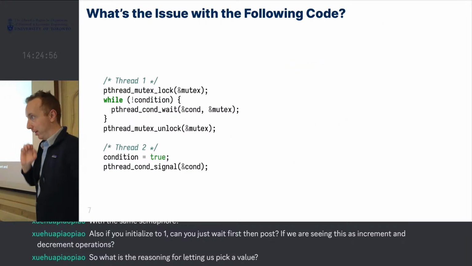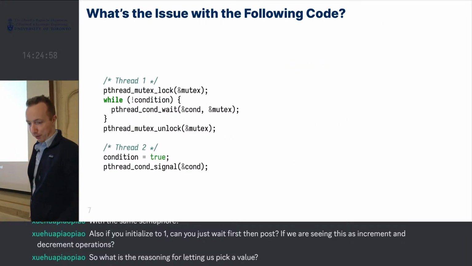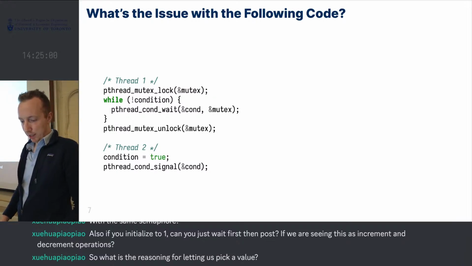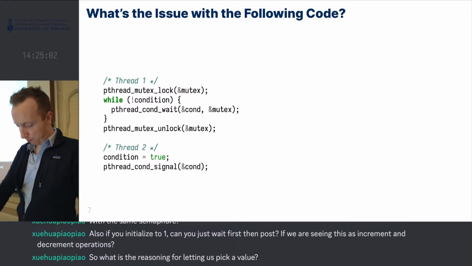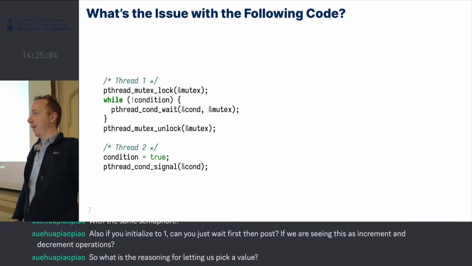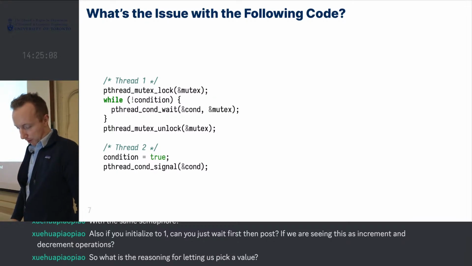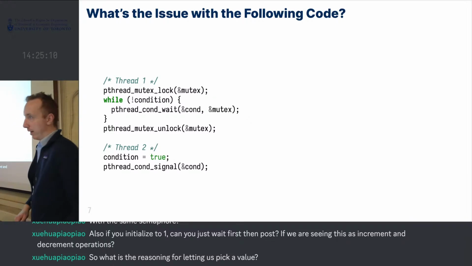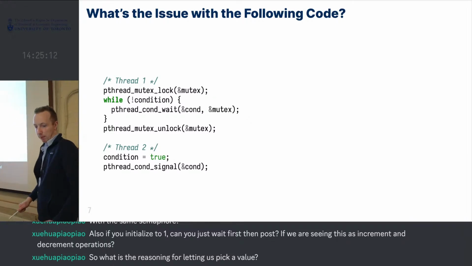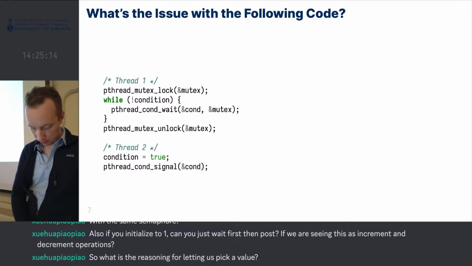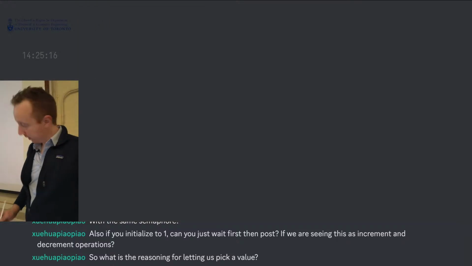So let's make sure we understand it. So let's see this code and see what's the issue with this. Is there an interleaving of these two threads that will cause some bad outcome to happen?